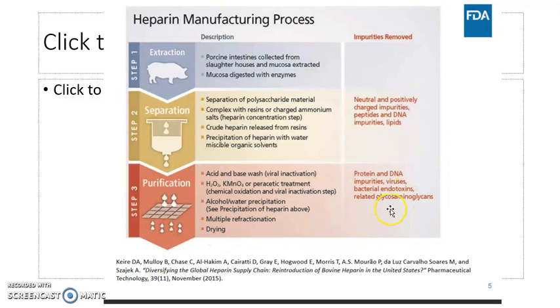And in this stage, we again remove DNA impurities, and besides that, we remove protein, viruses, bacterial endotoxins, and glycosaminoglycans. All of this is done to reduce the impurities and hopefully reduce the incidence of allergies, etc.